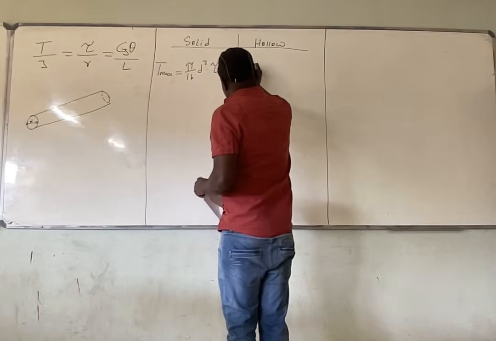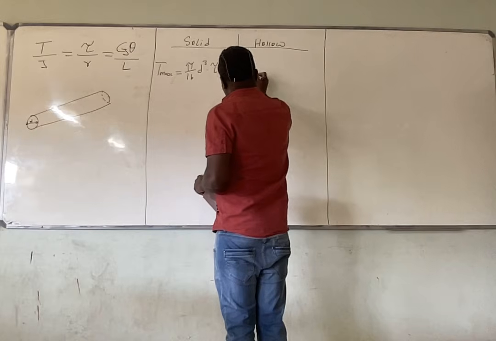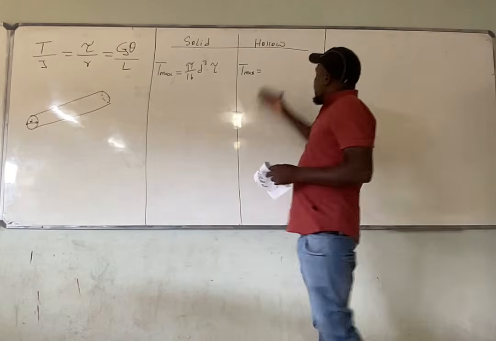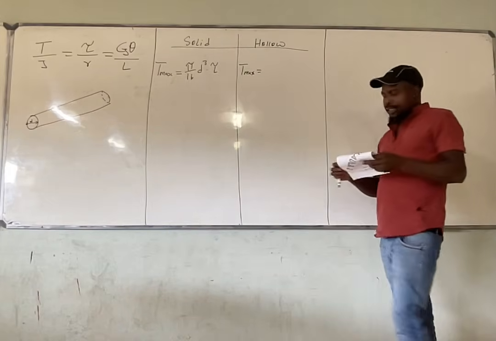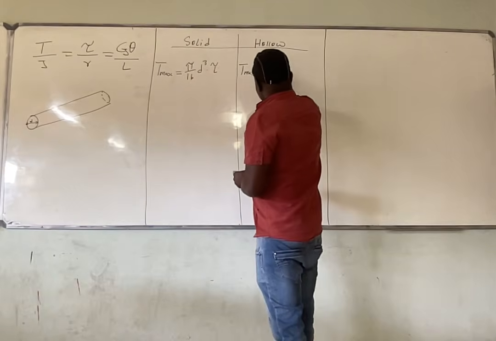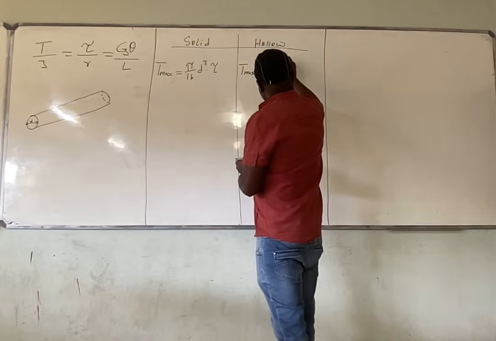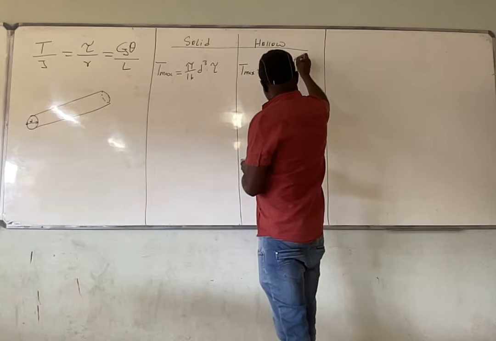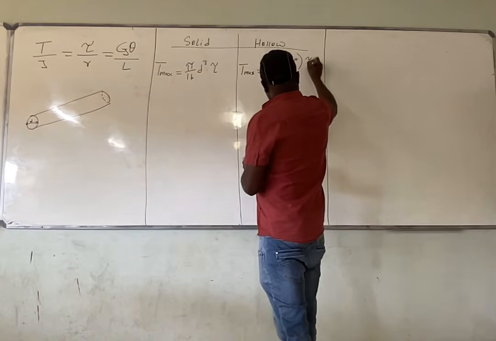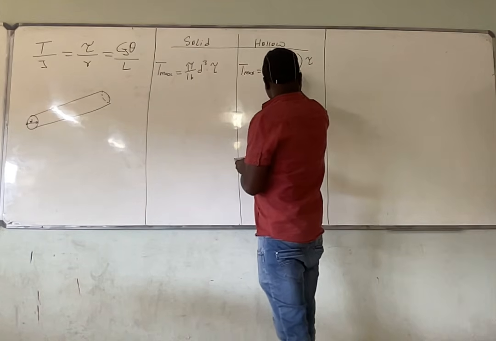So Tmax for a hollow shaft will be pi over 16 into D to the power 4 minus d to the power 4, times shear stress, all over D.